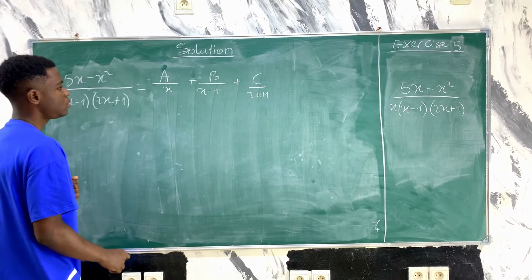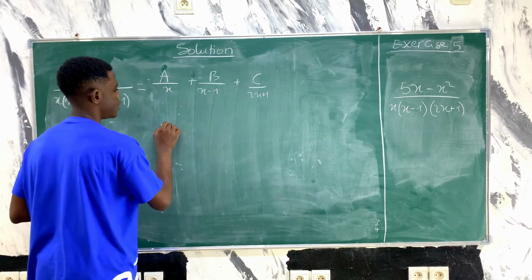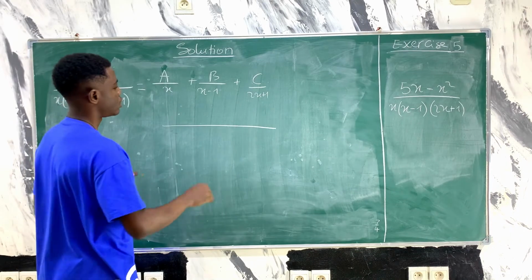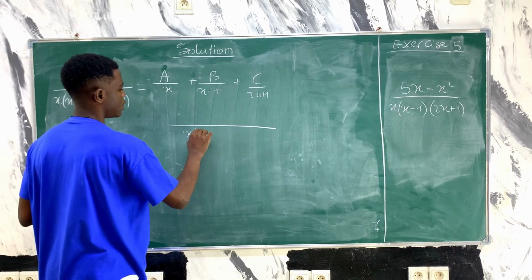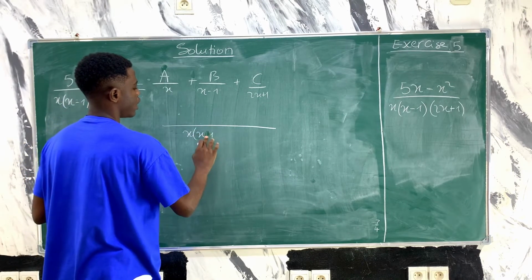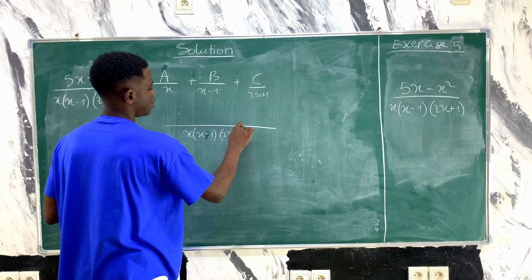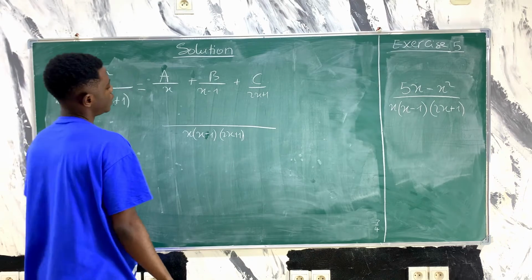So what I'll do here naturally, I'll find the LCM. The LCM here is just going to be the product of the 3, which is x into x minus 1 into 2x plus 1.